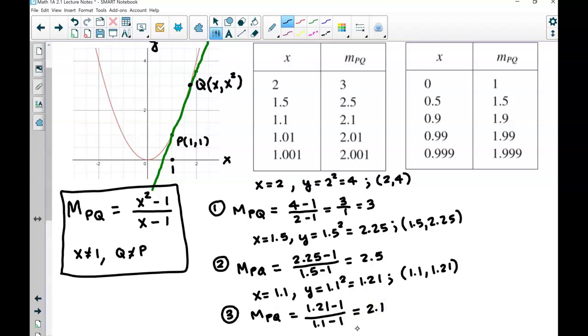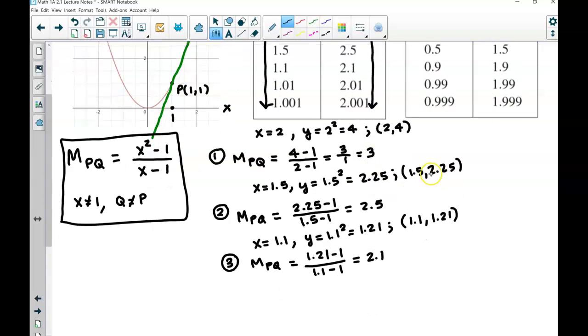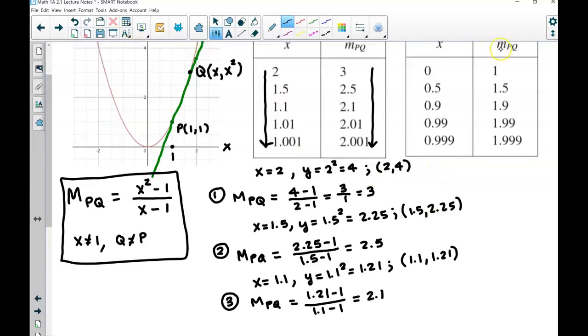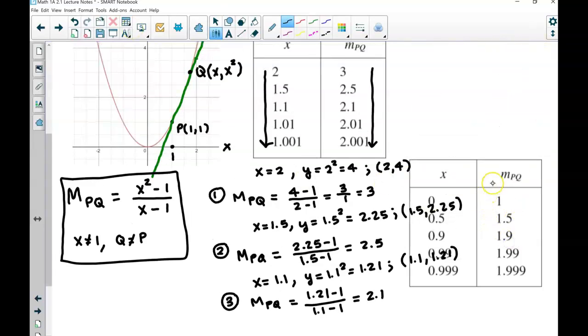Okay, so as you can see, as x gets closer and closer to 1, the slope is getting closer and closer to what? 2. Okay, now let's look at this other table here.